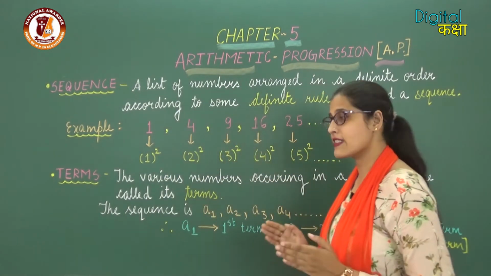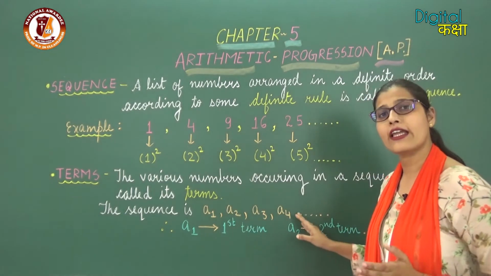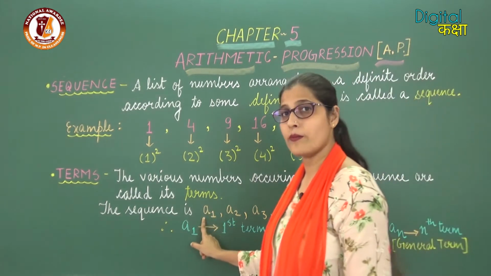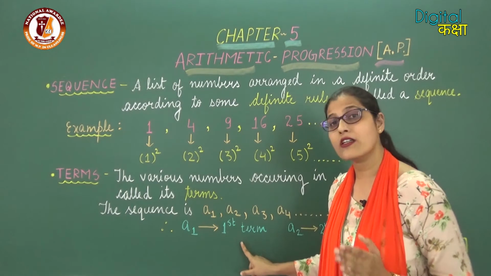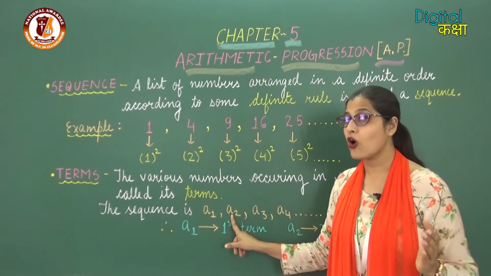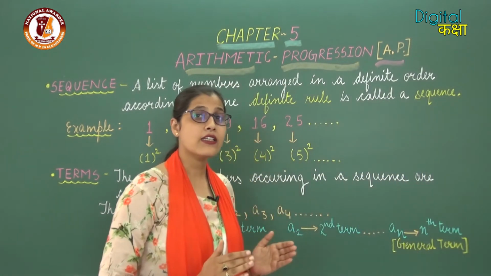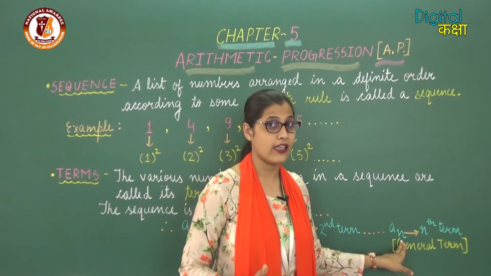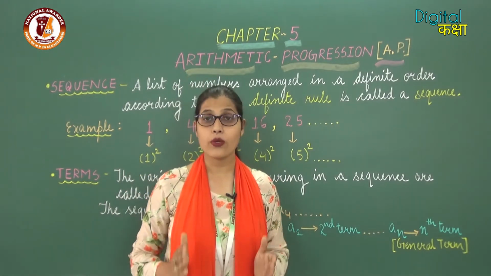Let us take a sequence as A1, A2, A3, A4 and so on. The first number, which is A1, is called the first term of the sequence. The second number will be called the second term of the sequence, and the last number, let us consider it to be An, as we don't know which is the last number of the sequence.